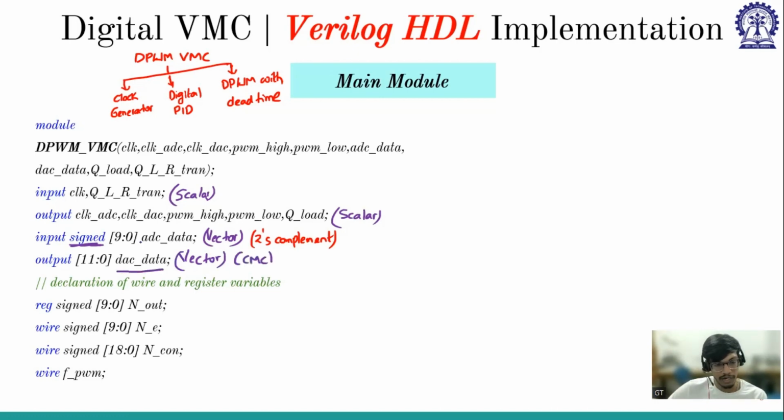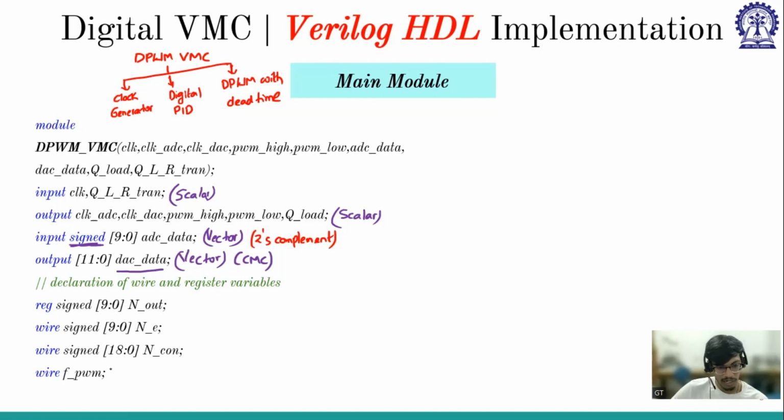So SAR has defined inputs as well as outputs, and then SAR has declared wire and register variables. So we have learned that wire is continuously driven and register can store the value. Again, wire can be signed or unsigned, reg can be signed or unsigned.